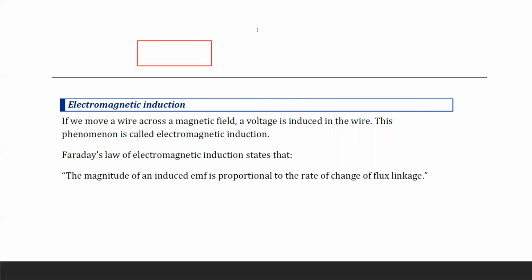So for example, we have a magnet having north and south poles. There are field lines pointing from north to south.